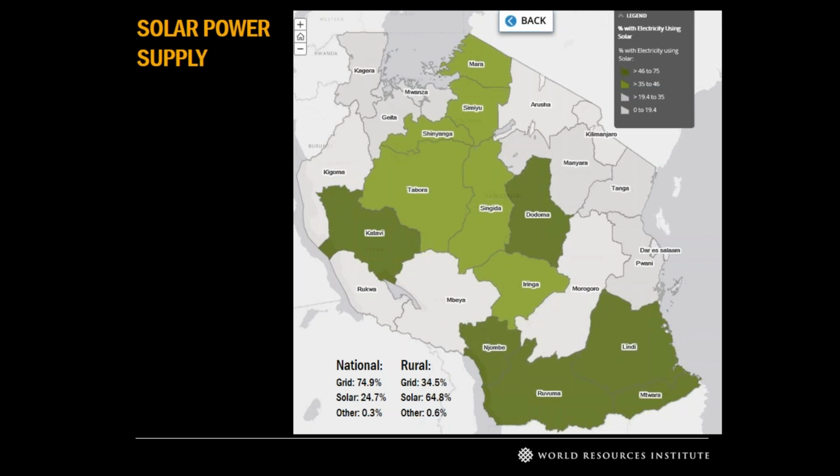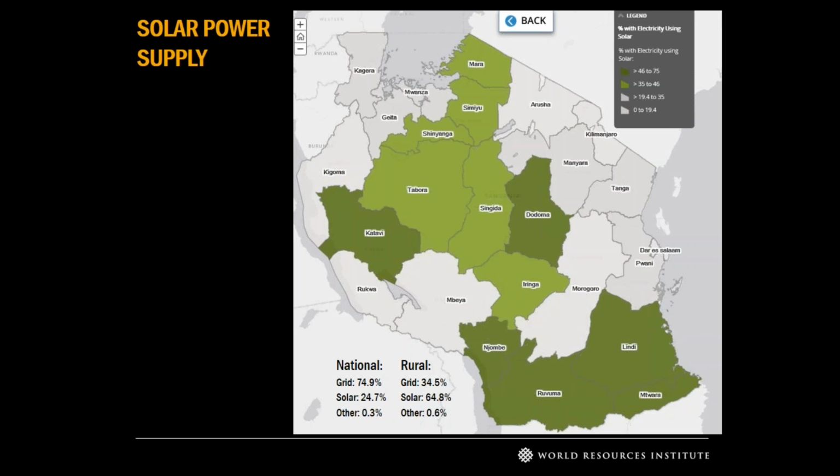Now, the publicly available report does not distinguish between solar mini-grids and solar home systems, but I think it is very safe to assume that most of the solar is actually solar home systems, perhaps even the pay-as-you-go systems that have been expanding in the country.